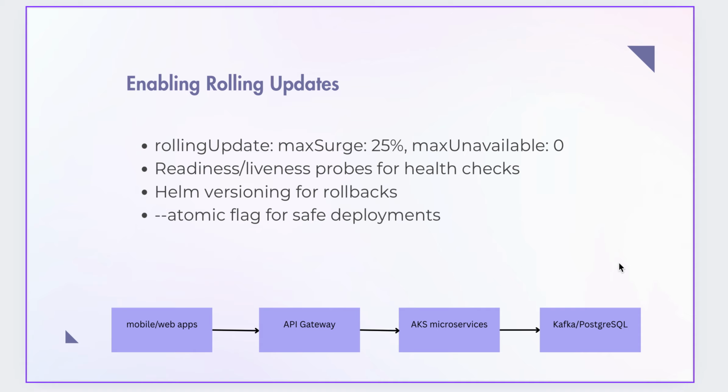In the deployment template, I set a rolling update strategy with max surge at 25% to spin up new pods before terminating old ones, and max unavailable at 0 to keep all services running.